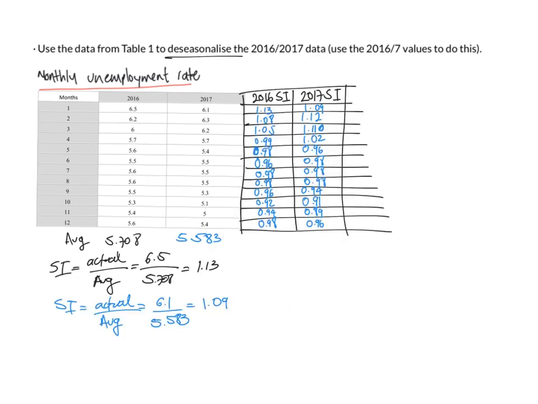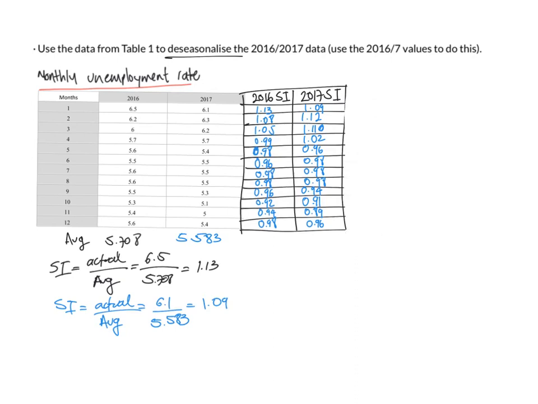We go through the whole table and find the seasonal index for every month: we take the actual value for every month of a year and divide it by the average of the year. So you get the 2016 seasonal index and then the 2017 seasonal index.